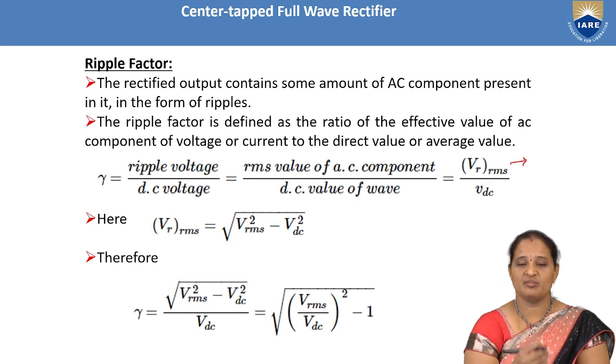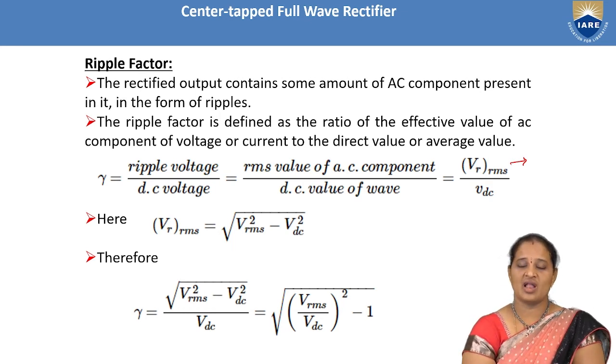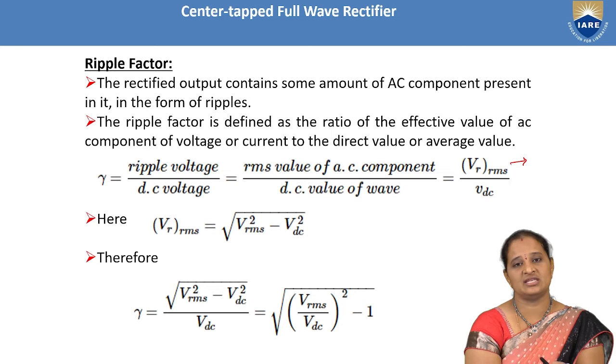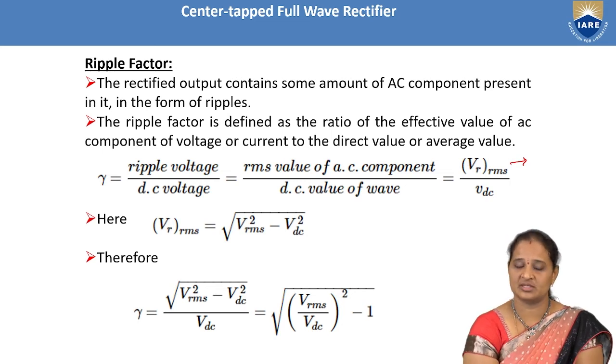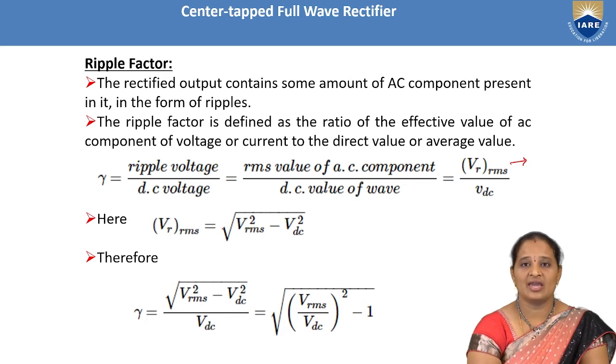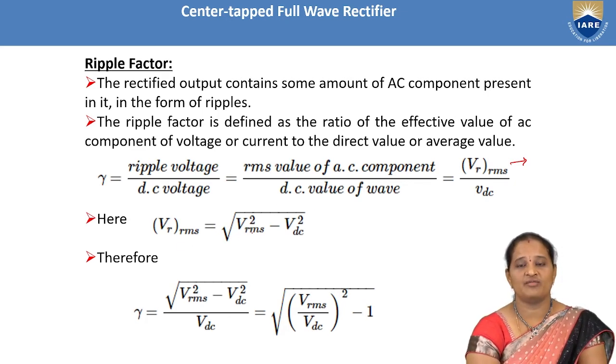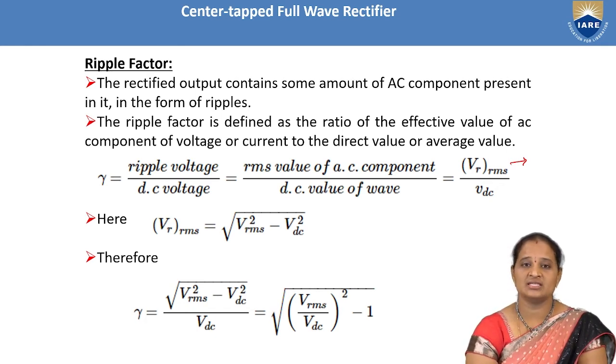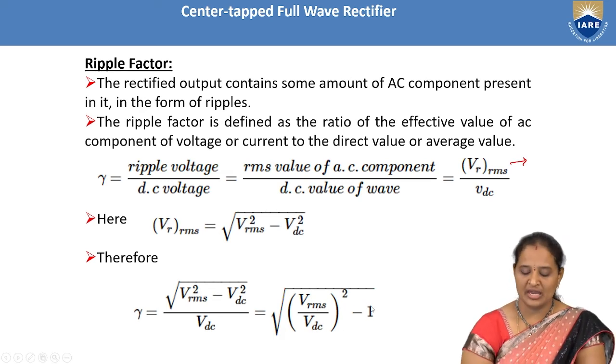If you remove the average value from the RMS value, it will give you only the AC components, which are nothing but the ripples. So taking the RMS value, VrRMS is under root of VRMS square minus VDC square. After substituting this in the above equation and simplifying, we get the ripple factor formula as under root of VRMS by VDC whole square minus 1.